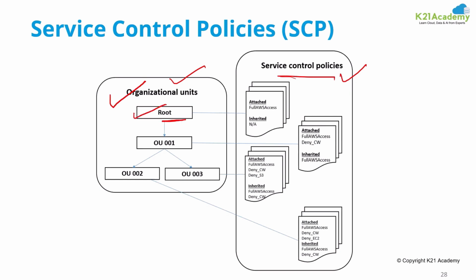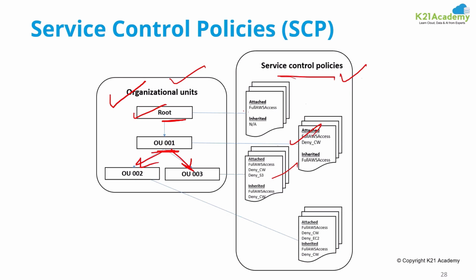Under root, we have OU001, which has the children OU2 and OU3. Each OU has SCPs directly attached, and also inherited SCPs from the parent OU or root.